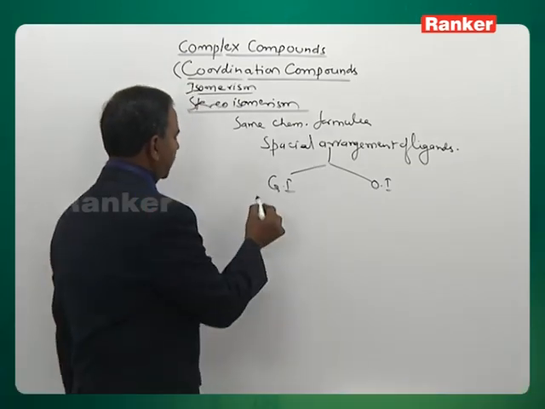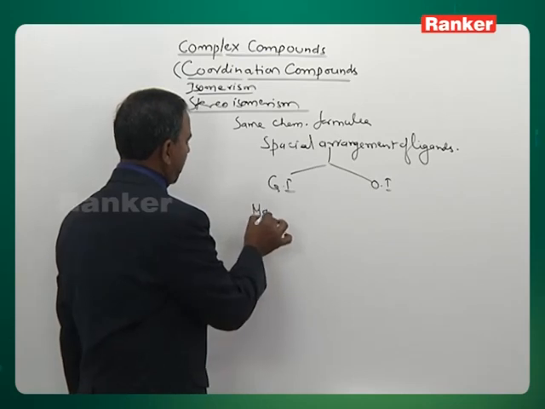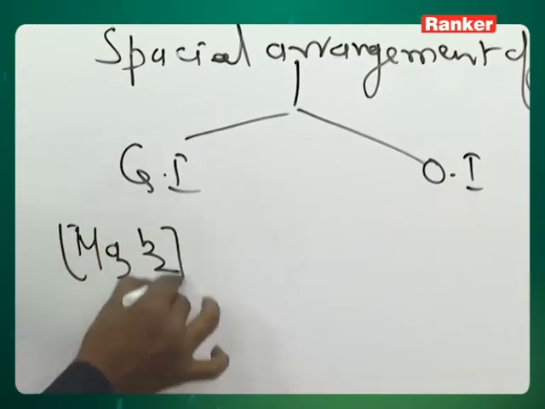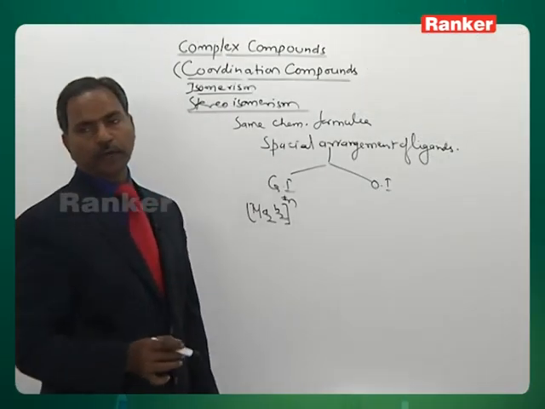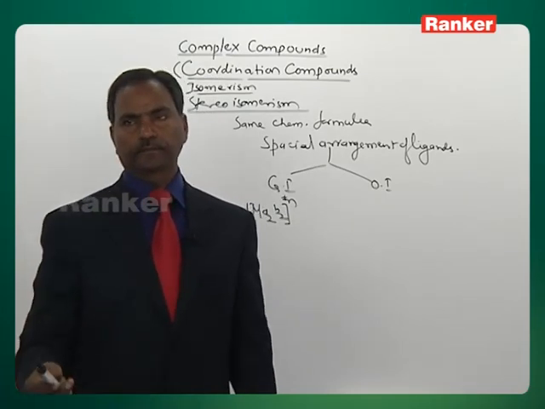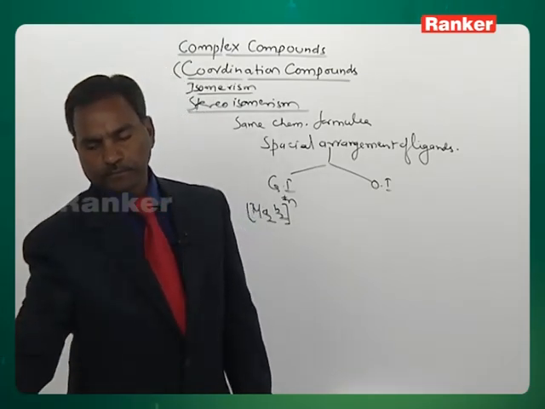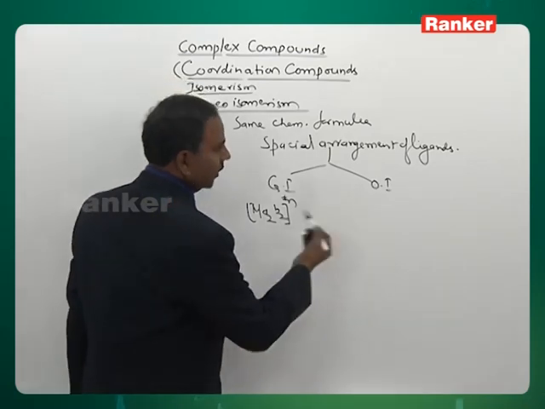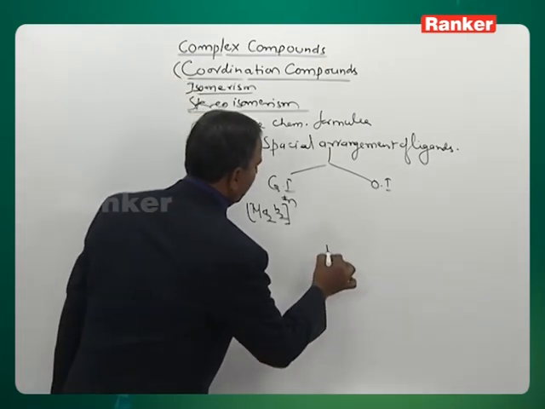Now you see under geometrical isomerism a complex I write, Ma2b2. The complex formula is the same, but we can write two different spatial arrangements.